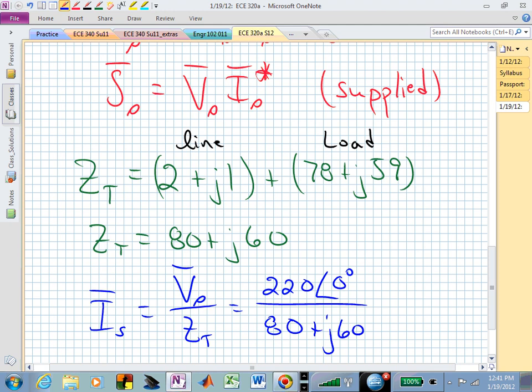I think the question was, we know power is voltage times current, and in complex power, it's voltage times current conjugated. Now that we have that, maybe we can rewrite current as V over R, which generalizes to V over Z. And then we have a V times a V star, which gives you the magnitude of V squared.